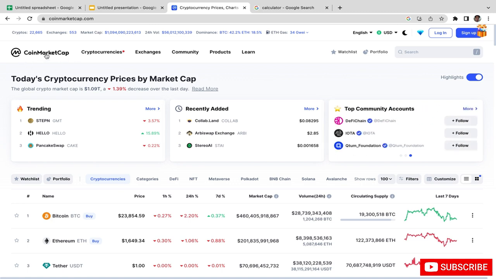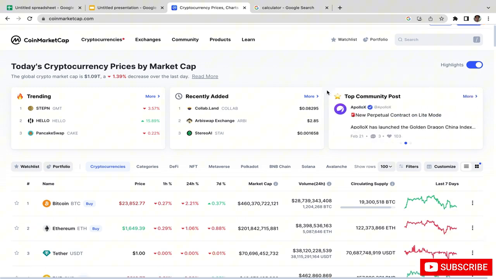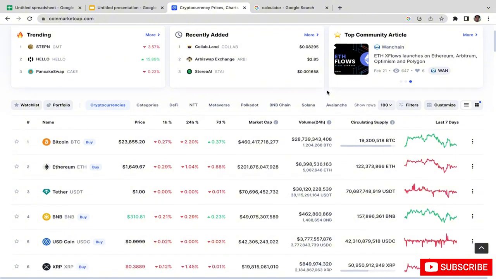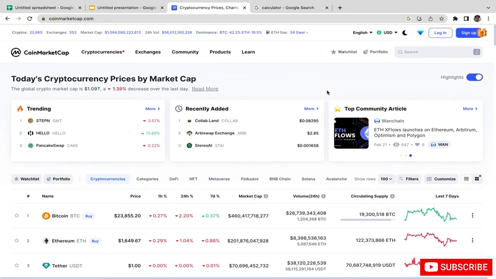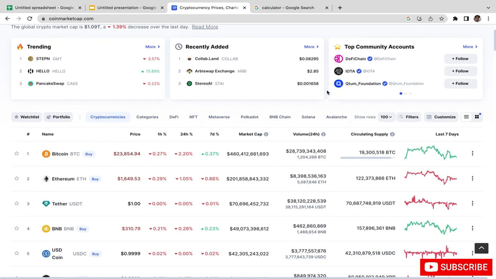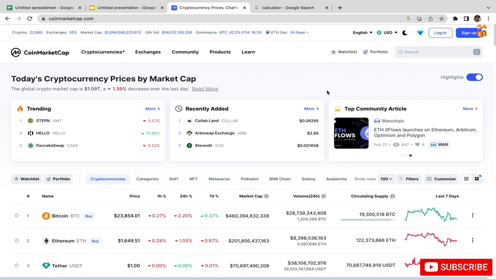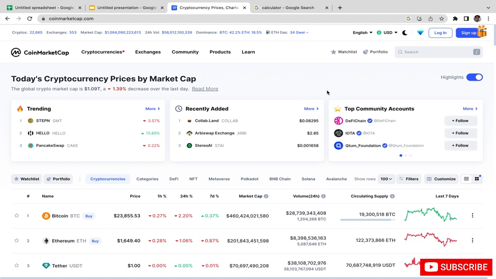CoinMarketCap is one of the most visited and most trustable websites when it comes to cryptocurrency price tracking. It has a pretty clean user interface and a regularly updated database. In my personal opinion, if you're trying to track cryptocurrency prices or find arbitrage opportunities, this is definitely one of the best websites to go to.